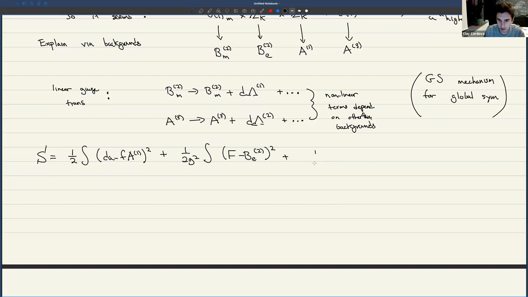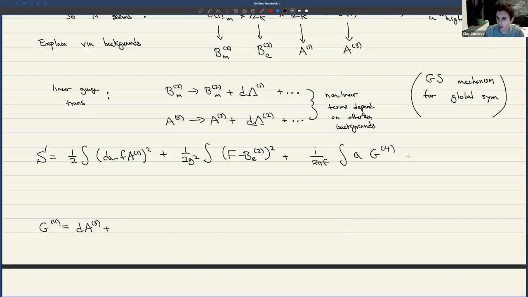Well, let me write them like this. Here I'm going to introduce G4, which is dA3. And we'll see that there are other terms there. Well, we'll write them presently.